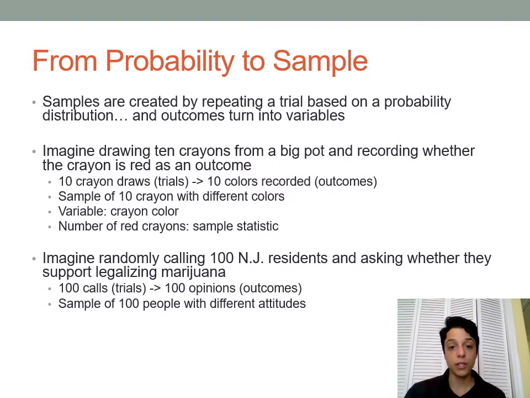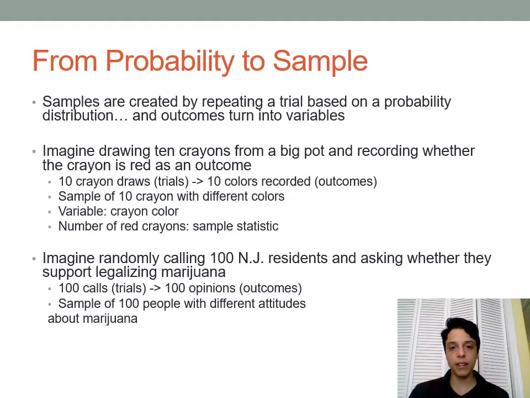If you do this 100 times, you end up with a sample of 100 people who all have different attitudes about marijuana, in the same way that you ended up with a sample of 10 crayons that all had different colors. This means that in this sample of 100 people who you selected and asked about their attitudes, you now have a variable, which would be their attitudes about marijuana.